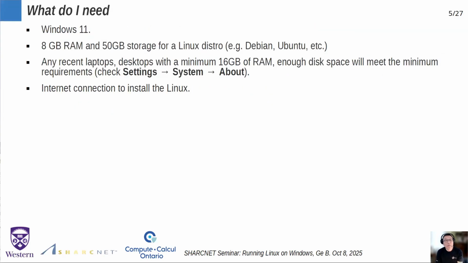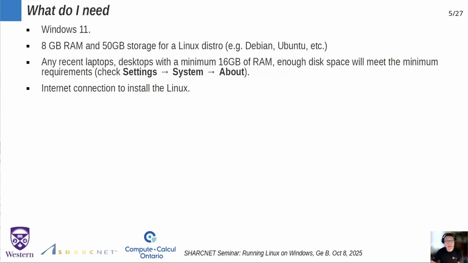So if you haven't had Linux on Windows, here's what you need to do. You need to have Windows 11, and you need to have 8 gigabytes of RAM and 50 gigabytes of storage for the Linux distro. Just make sure you have enough resources.